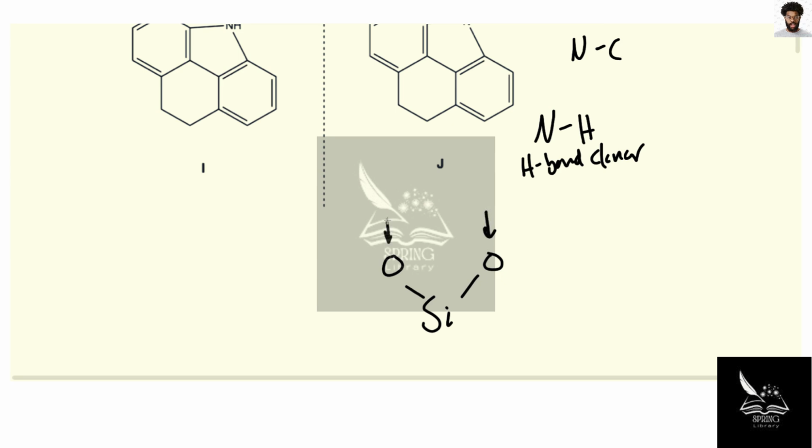And so there's very polar H bond acceptors on the surface of the plate, right? So anything that's capable of being an H bond donor is going to be extremely attracted to the plate.